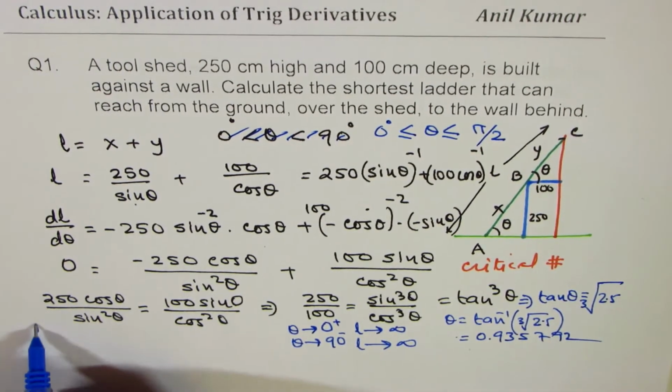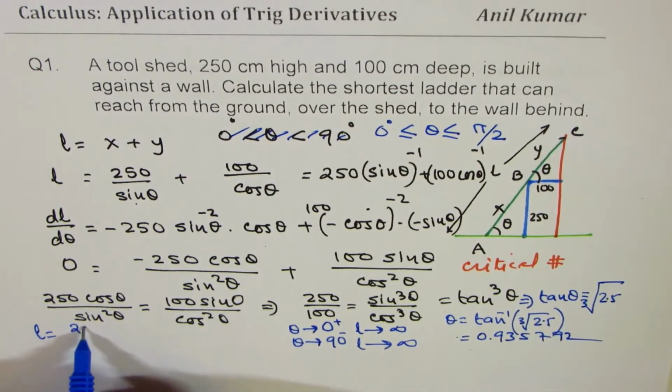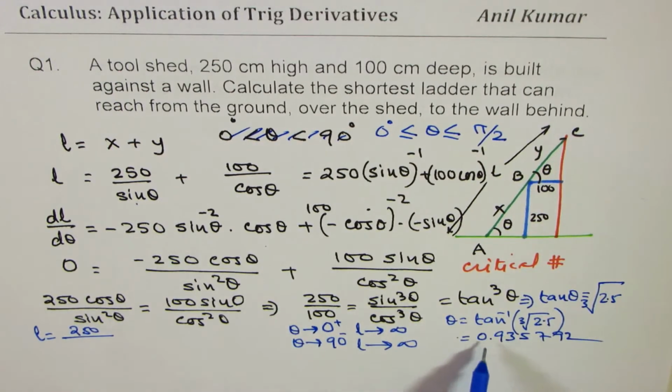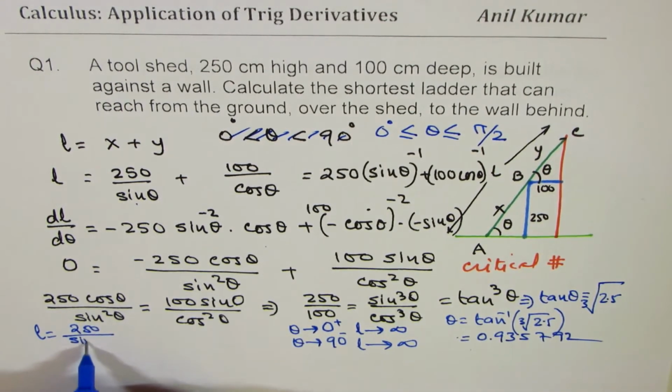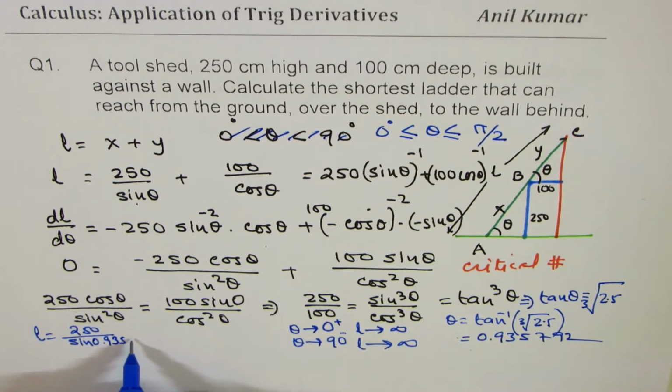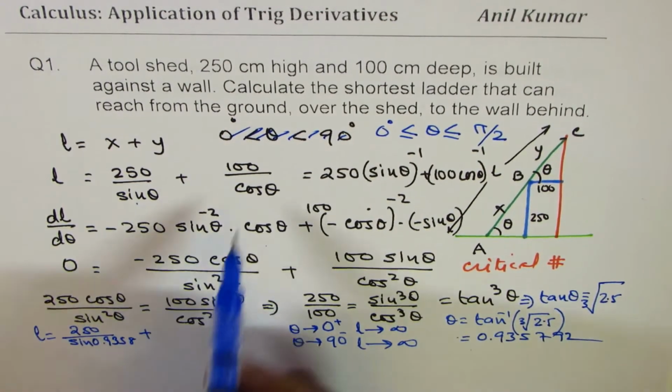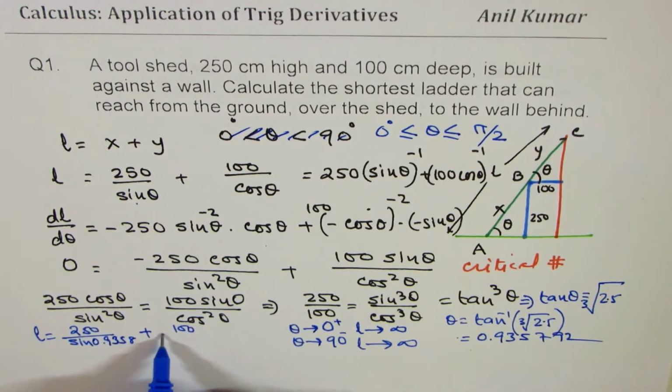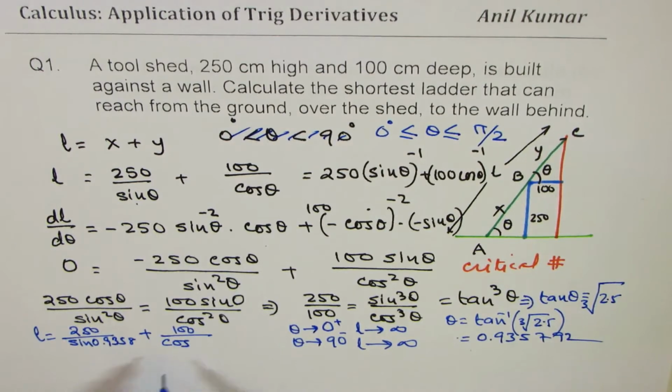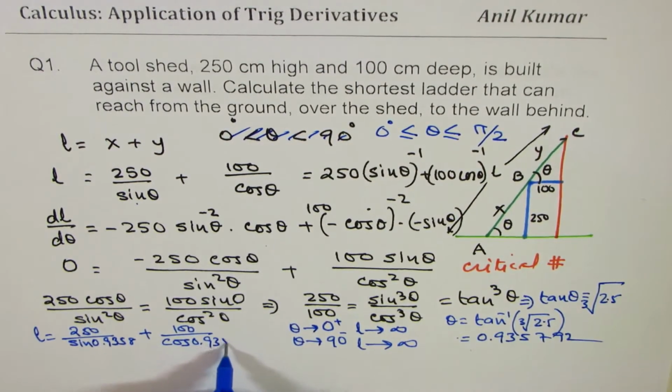So the minimum length L will be equal to 250 divided by sine of 0.9358, plus 100 divided by cos of 0.9358.